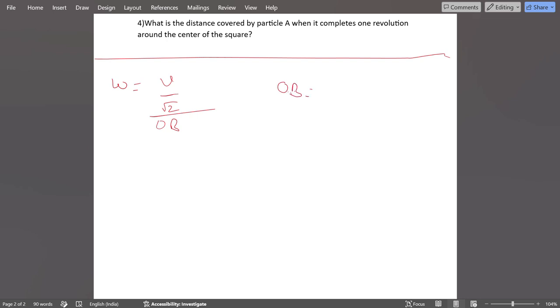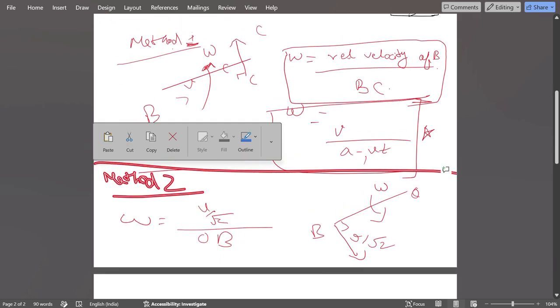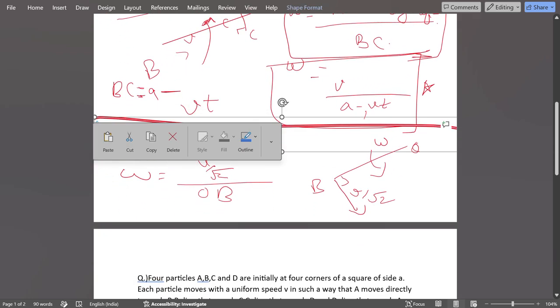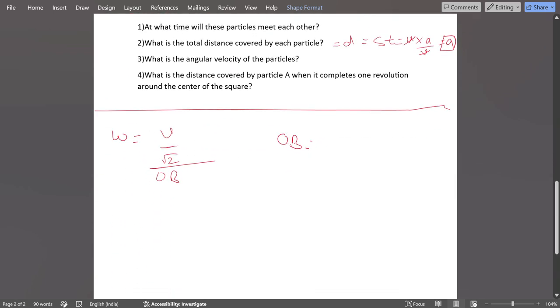What is the initial length? For OB the initial length is a upon root 2.